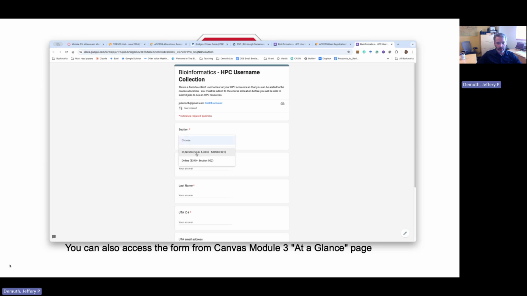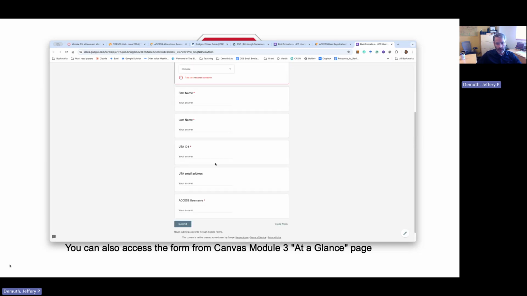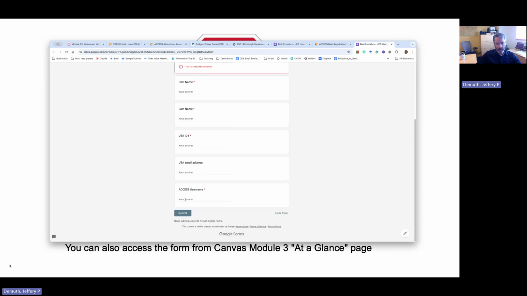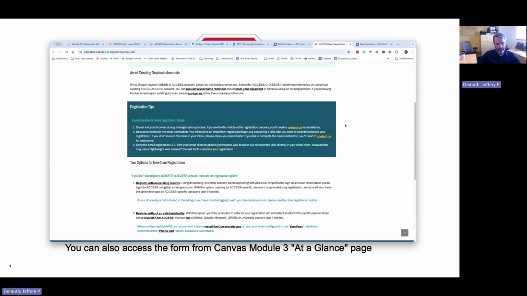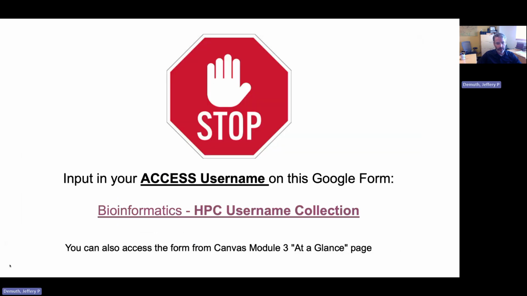And you'll pick your section, whether you're in the in-person section or the online section, and then your name, UTA ID, UTA email address, and then finally, and most importantly, the Access username. I need your Access username associated with your UTA ID so that I can add you to the allocation in Access. That's what's going to allow you to run the jobs.